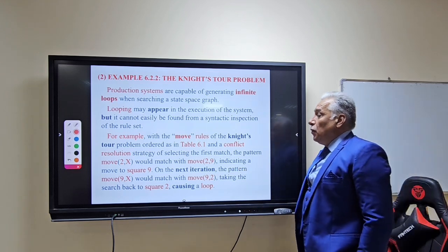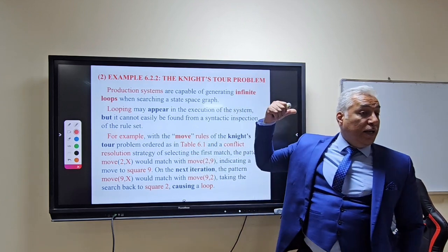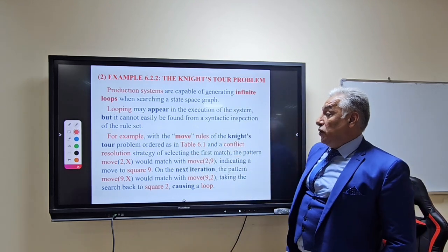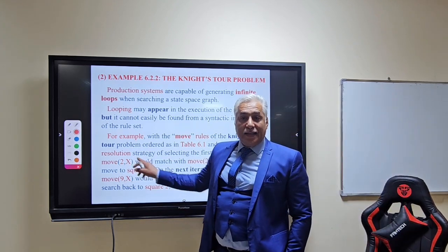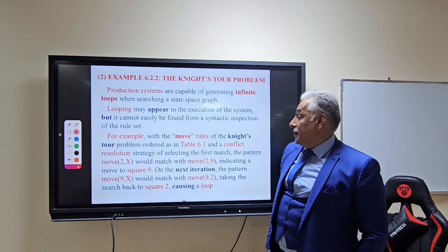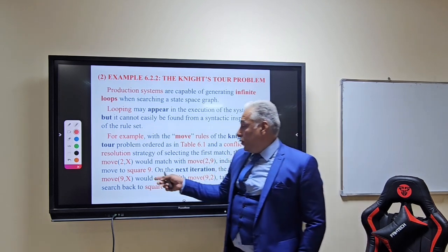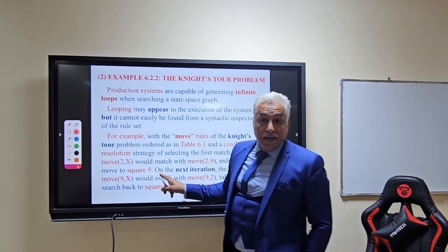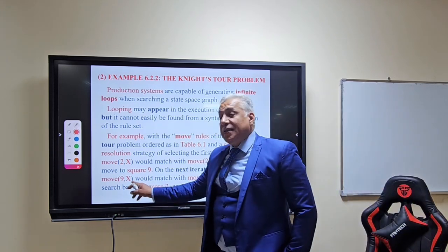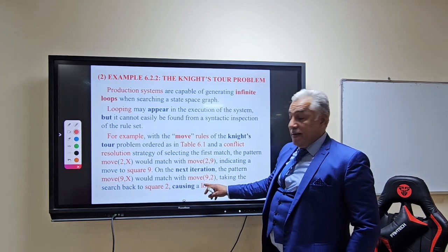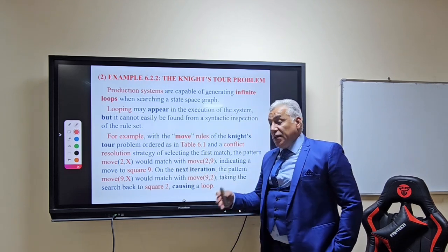For example, with the move rules of the knight's tour problem ordered as in table 6.1 and the conflict resolution strategy of selecting the first match, the pattern move to X matches with move to 8, so X will be 8, indicating a move to square 9. On the next iteration, the pattern move 9 to X would match with move 9 to 2, taking the search back to square 2, causing a loop.